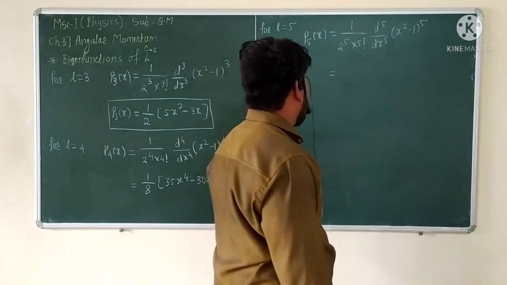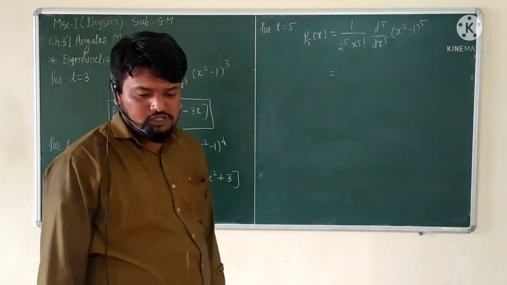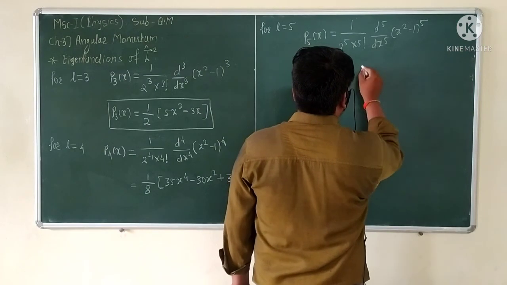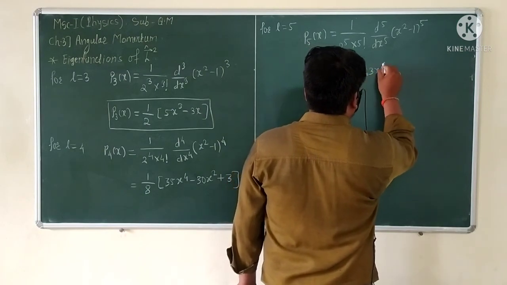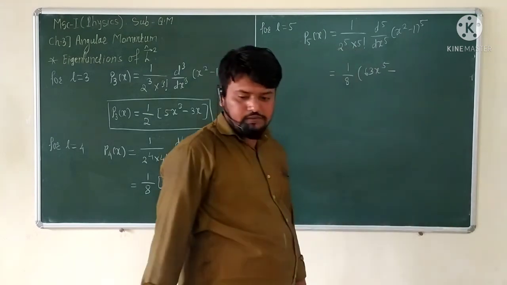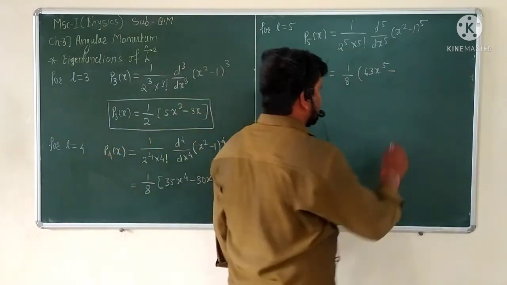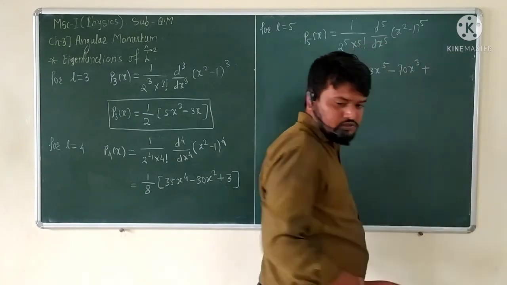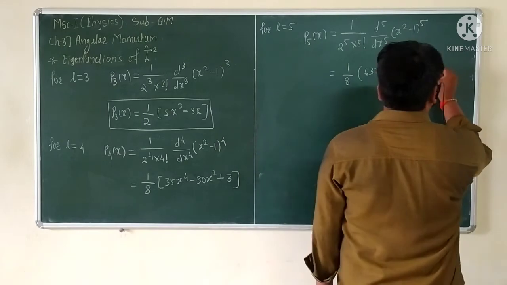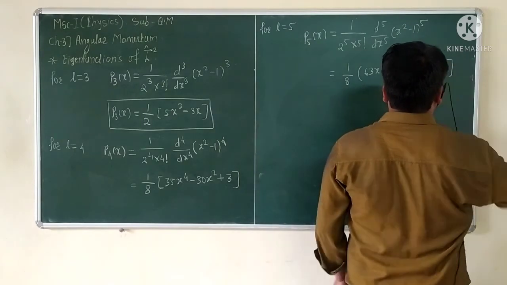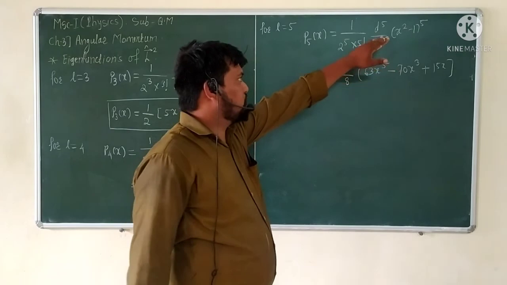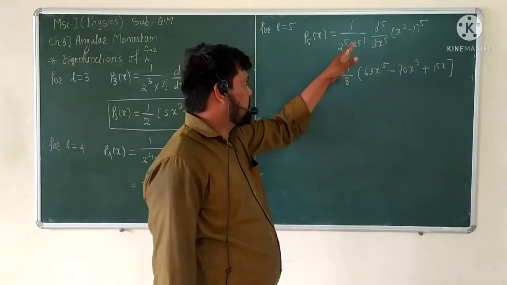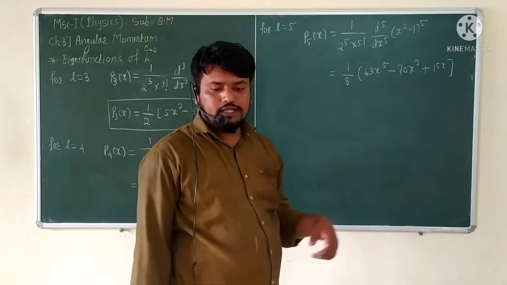If we solve this, the answer is 1 by 8 (63x power 5 minus 70x cube plus 15x). If we solve this differentiation, you will get this answer.